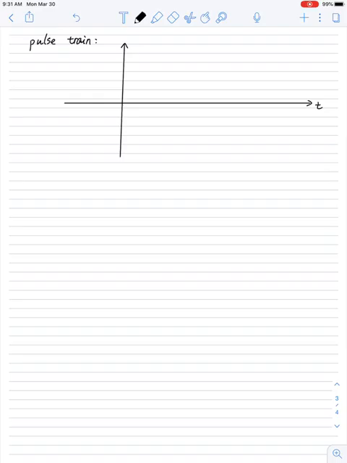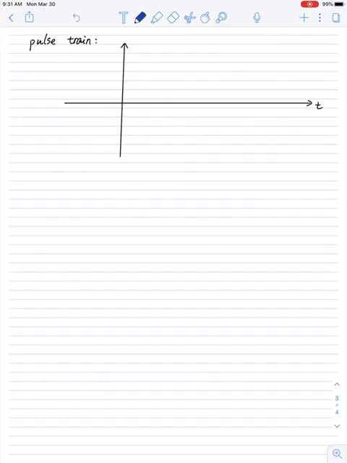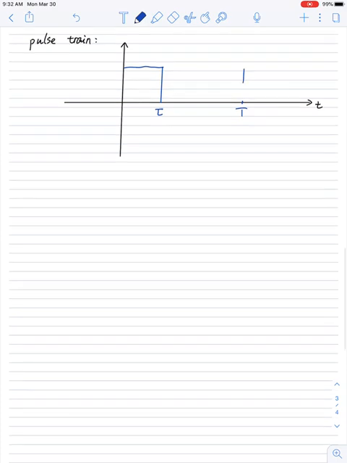This is a signal that has a rectangle pulse like this, and its period is capital T. The duration of the pulse is tau.